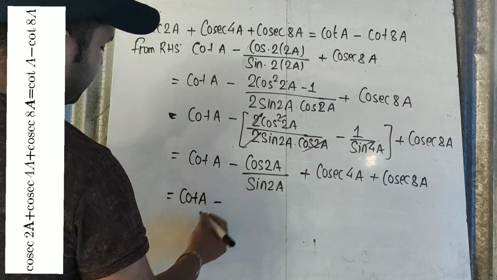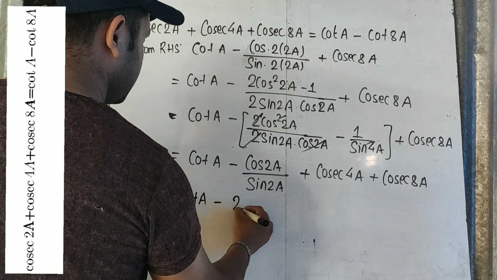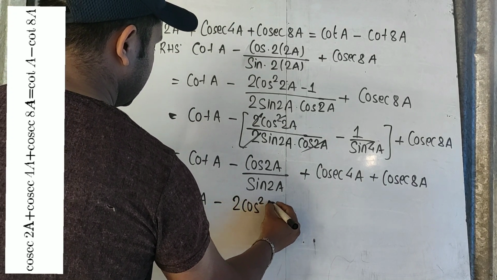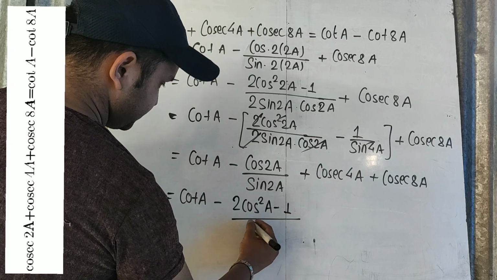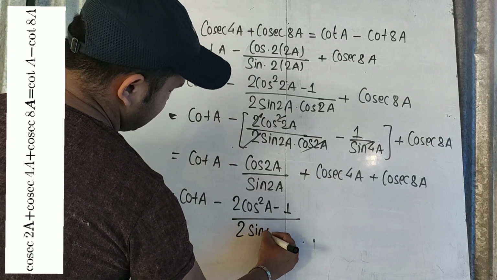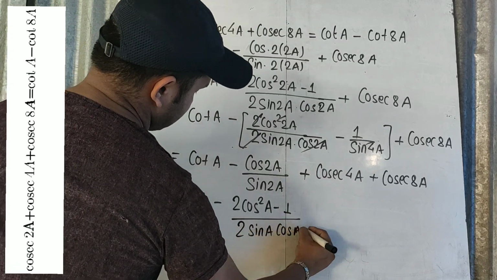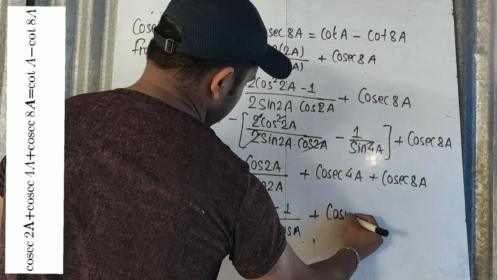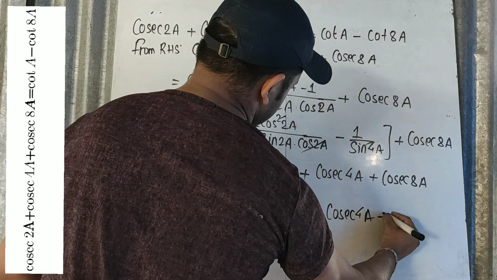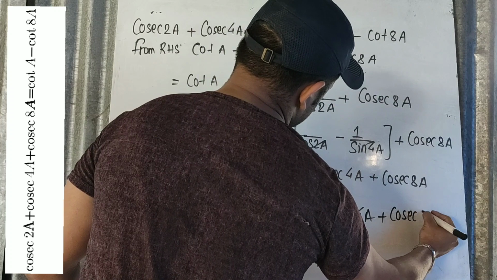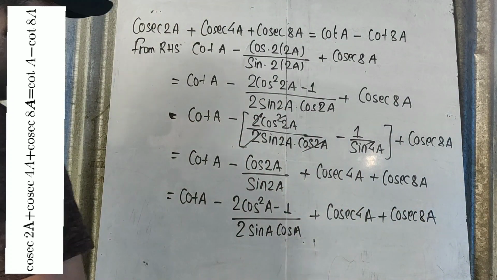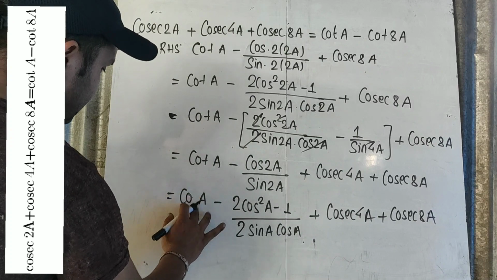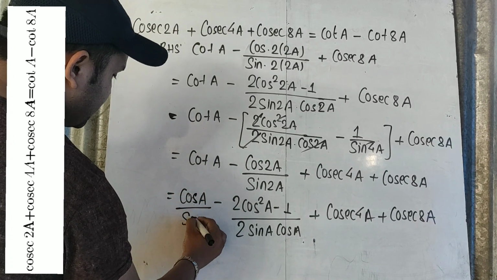Cot a minus cos 2a is 2 cos square a minus 1 and sin 2a is 2 sin a cos a, plus cosec 4a plus cosec 8a. Now you can also write cot a as cos a by sin a.